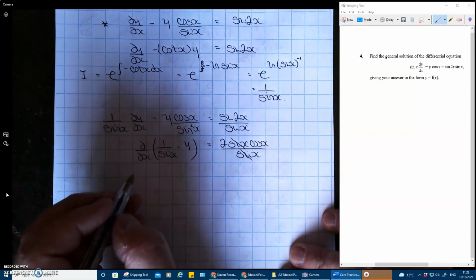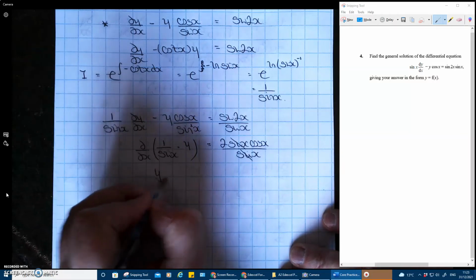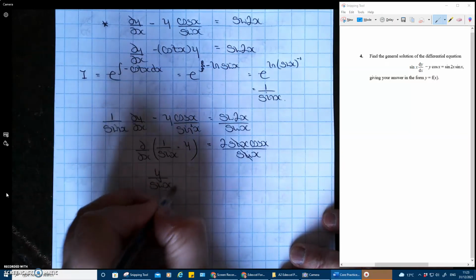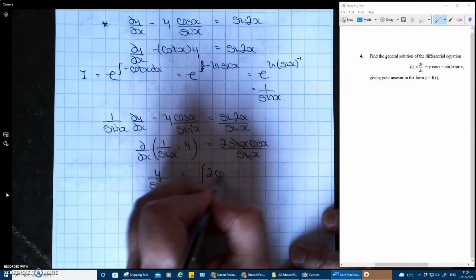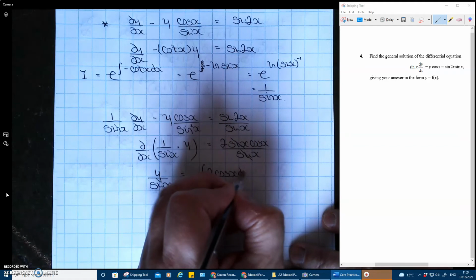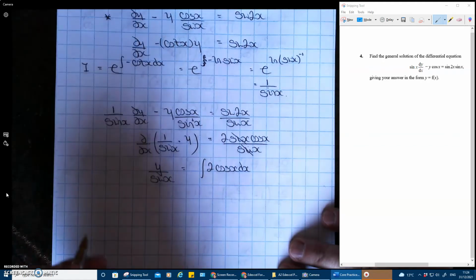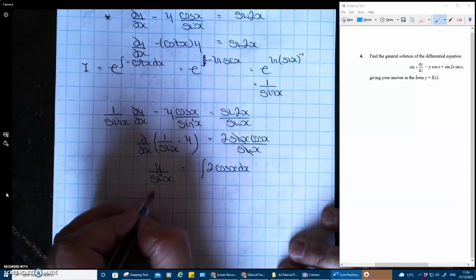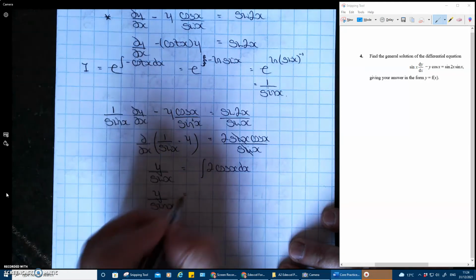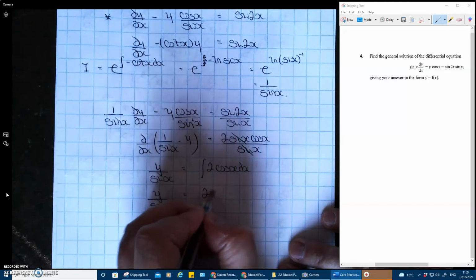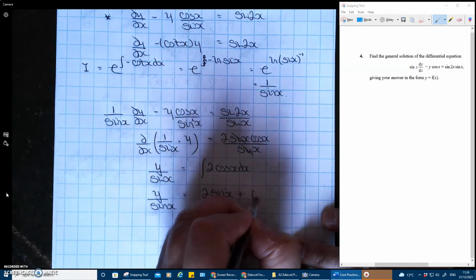So I'm now going to integrate both sides. So I end up with y over sine x equals the integral of 2 cos x dx. So almost there, this one's a relatively quick one. Y over sine x equals 2 sine x plus c.